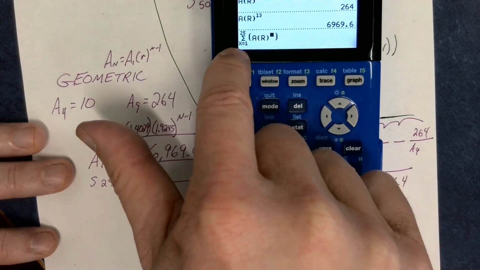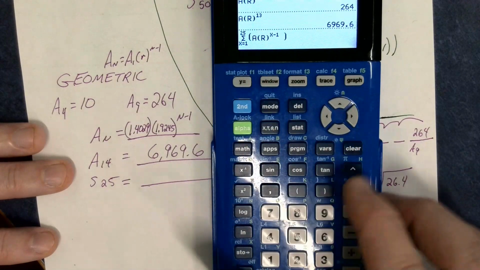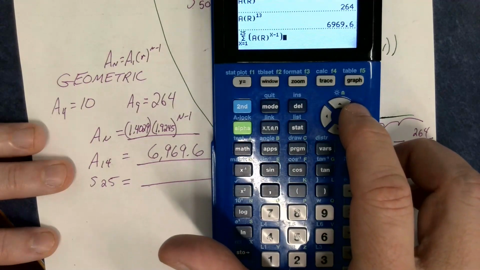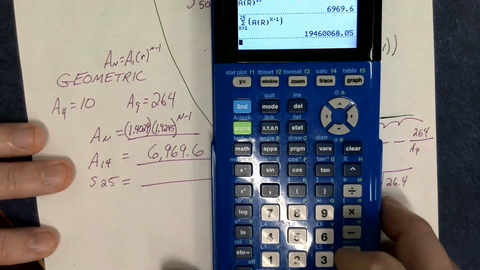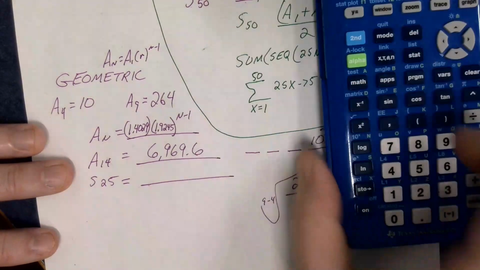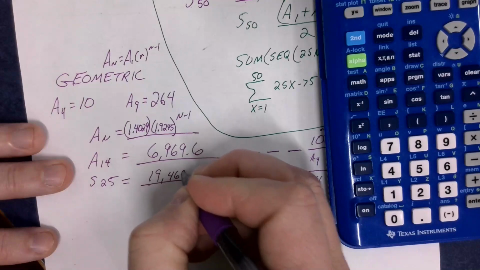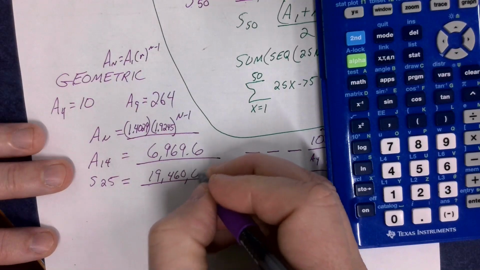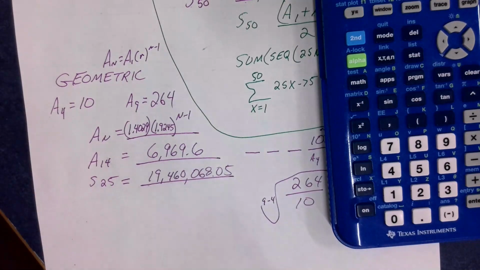I've got to use my variable. So I'm going to raise it to the x minus 1 power, just like that. And I can do that right there. And that's that number. So what's that? 19,460,068.05. And now I haven't rounded anything.